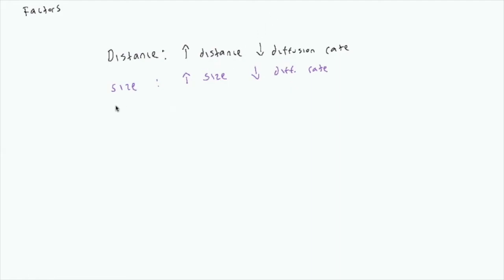Recall that temperature usually speeds up activity of things. In this case, the higher the temperature, the higher the diffusion rate. And of course, with all of these, the inverse is also true. Gradient, as we talked about, the steeper the gradient, the faster the rate of diffusion.